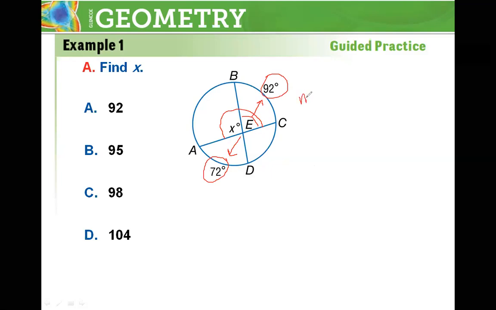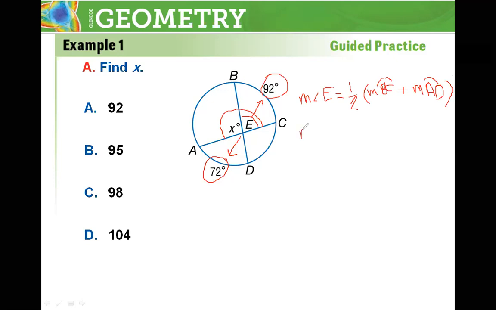The measure of angle E equals half the measure of the two arcs. The first arc is called BC, and the second arc is called AD.